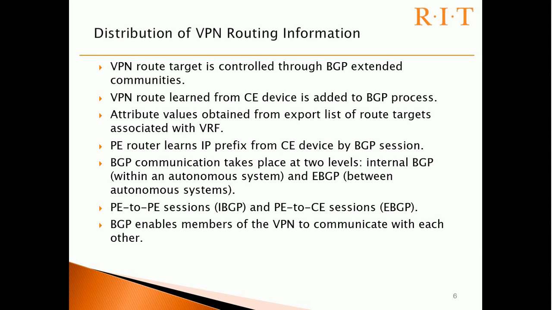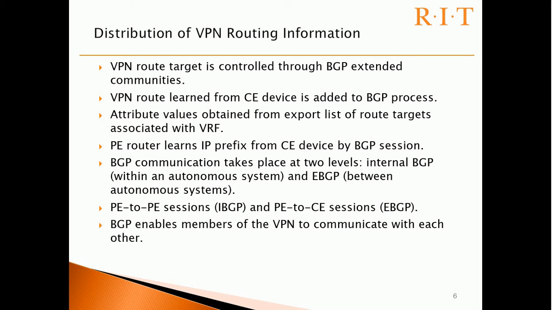The attribute values obtained from the export list of route targets associated with the VRF, that is the VPN routing and forwarding, are used. The information obtained from VPN routing and forwarding is used for the BGP process. So the provider edge router learns about the different clients and customers it has with the help of the customer edge devices.